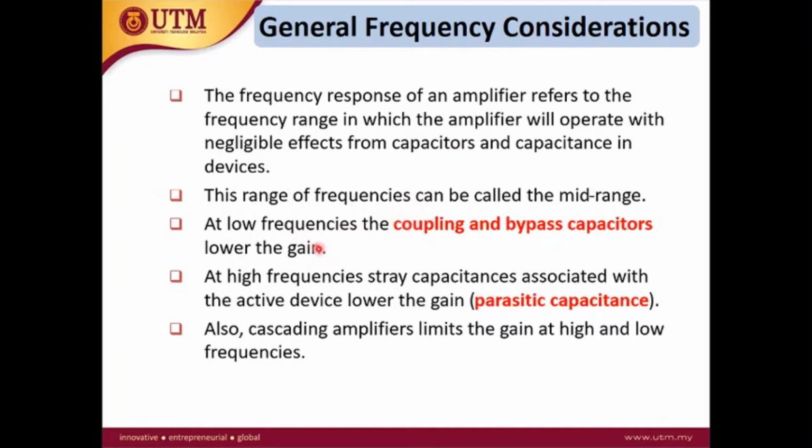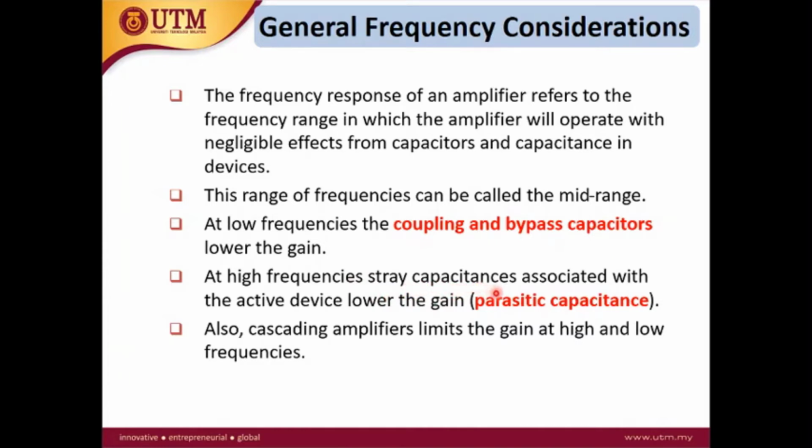However, at low frequency, the capacitor cannot be ignored. In the BJT circuit, we have coupling and bypass capacitors. These capacitors will affect the performance of the BJT amplifier, specifically the gain at low frequency. On the other hand, at high frequency operation, there will be an effect from what we call stray capacitance.